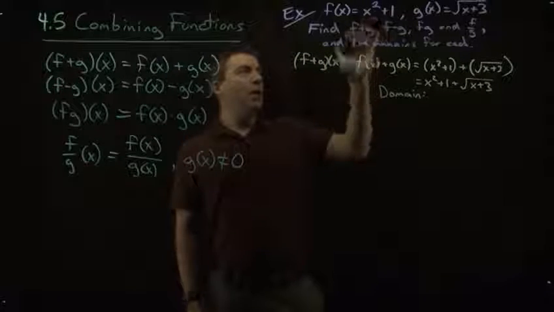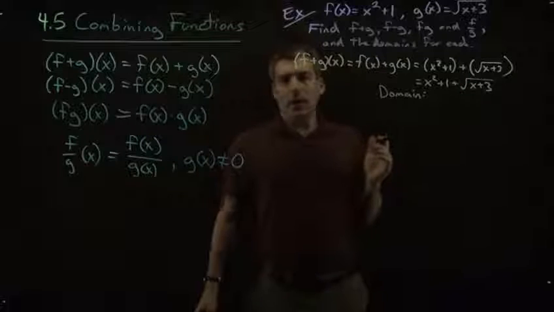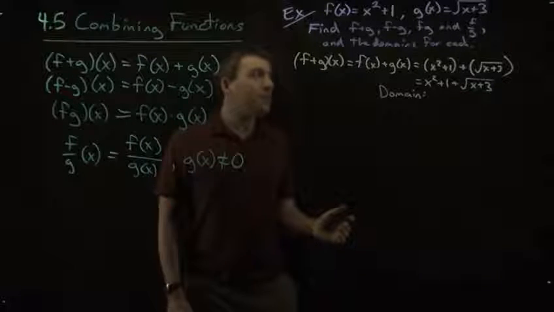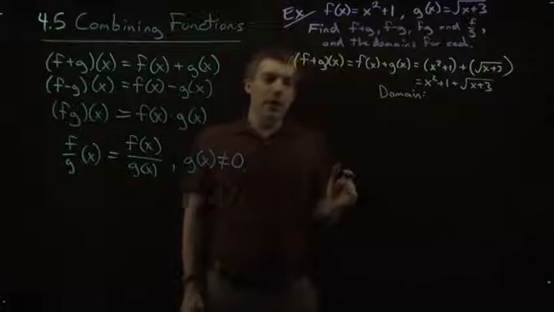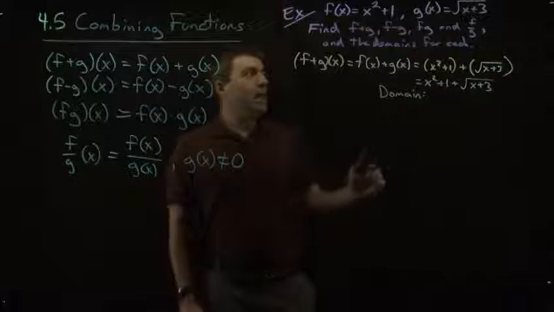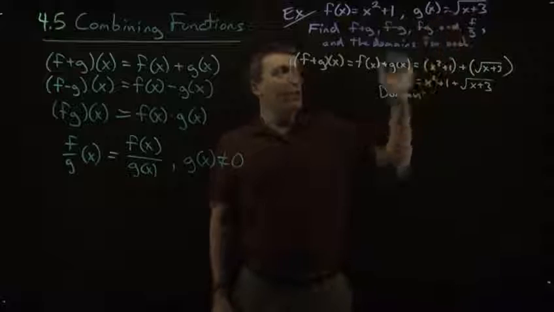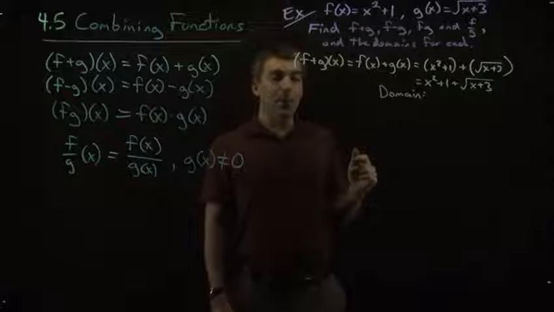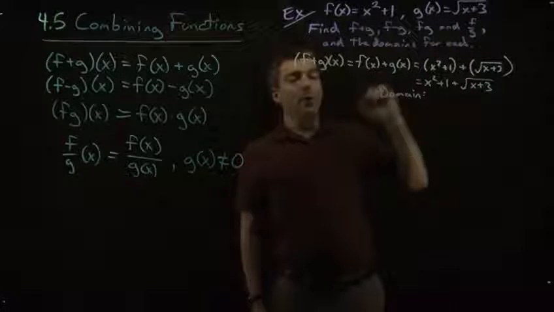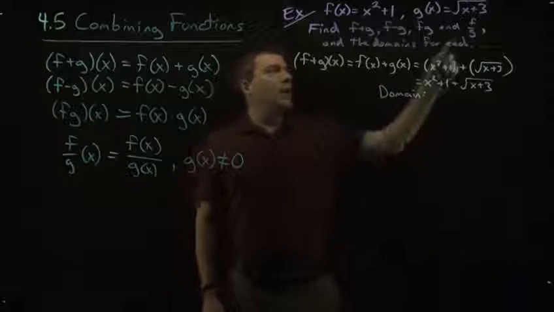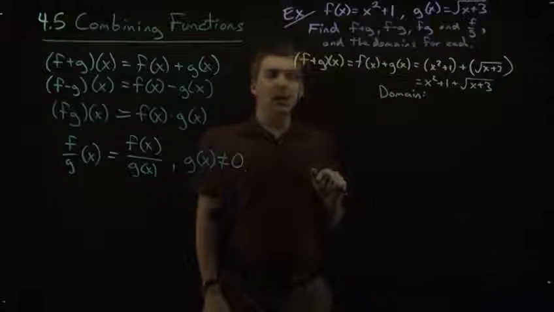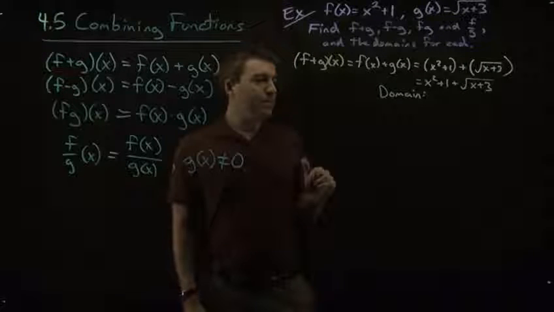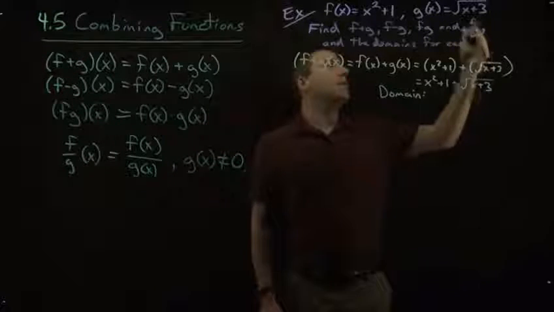F of x is a polynomial, x squared plus 1. Polynomials have domain all real numbers. This function, square root of x plus 3, is a radical function, and we know we cannot take the even root of a negative number, and since this is a square root, it's an even root, the x plus 3 must be greater than or equal to 0. So let's figure out what that is.